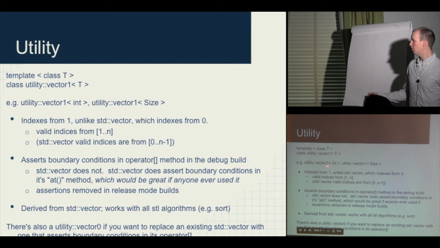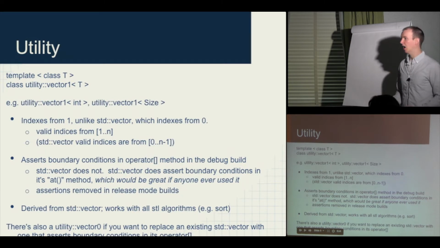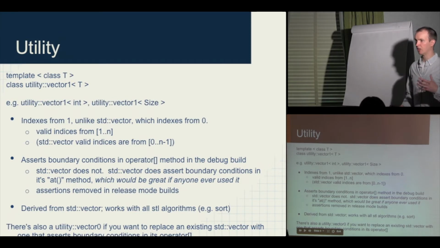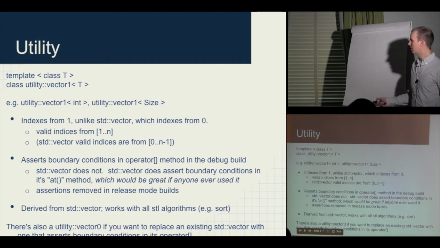The way that utility vector works is that it's actually derived directly, or indirectly, from standard vector. So it shouldn't come as all that much of a surprise that it works with all the standard STL algorithms like sort. So you can sort using a utility vector.